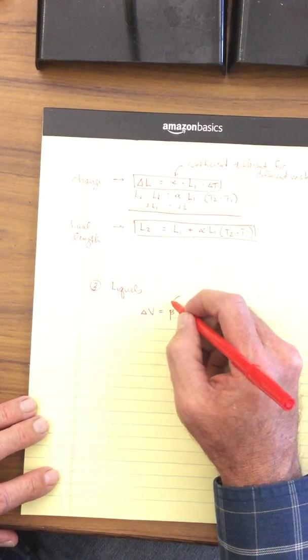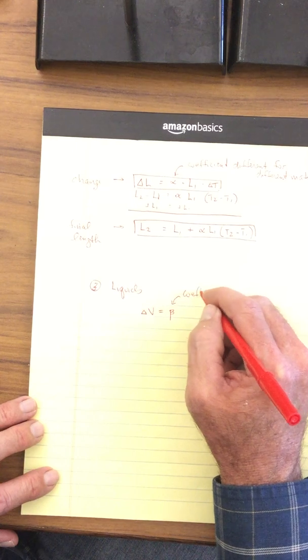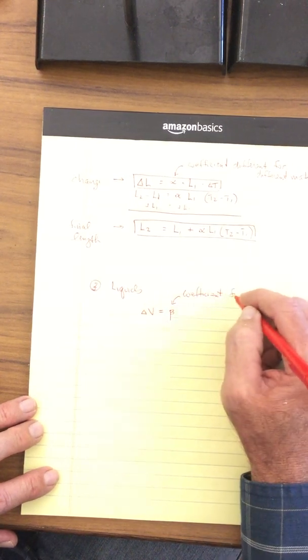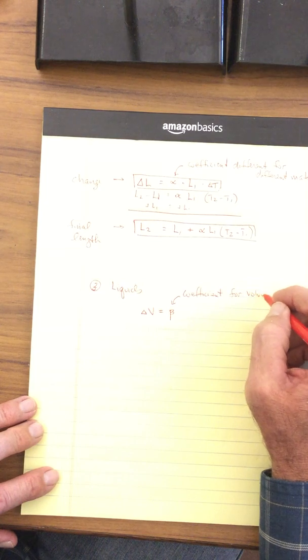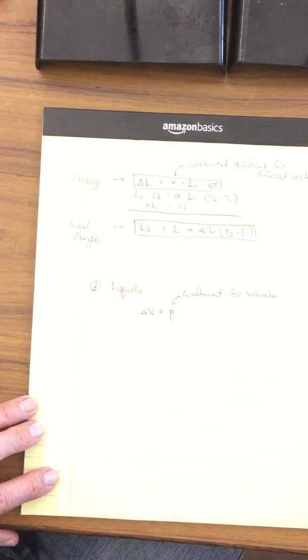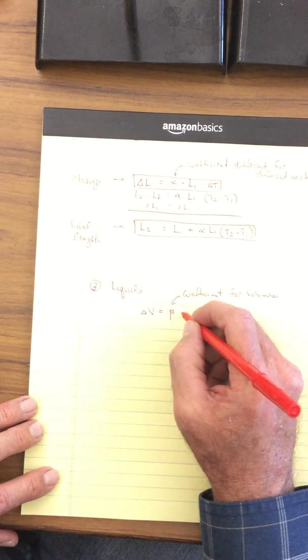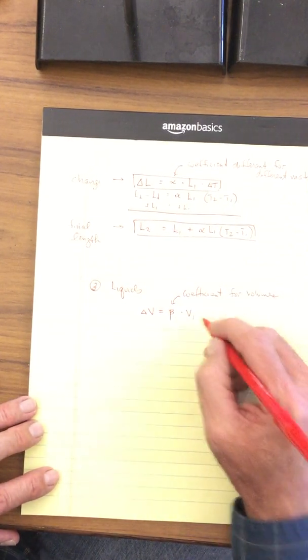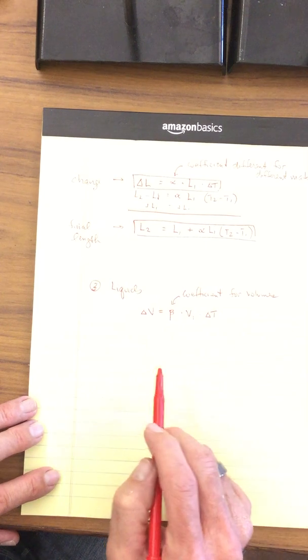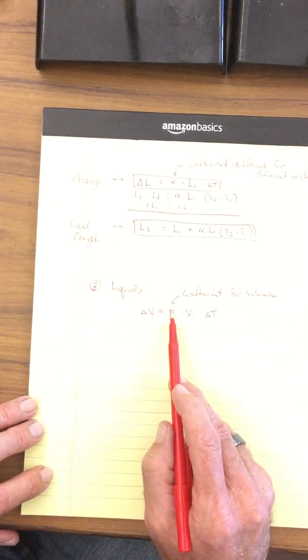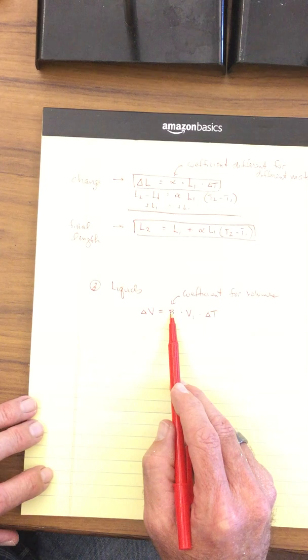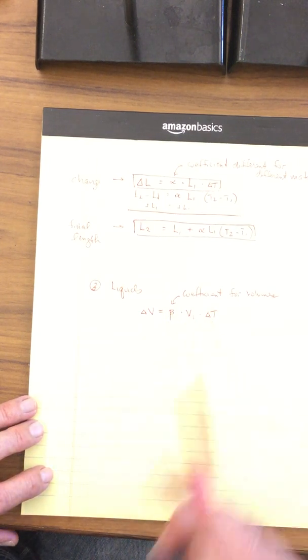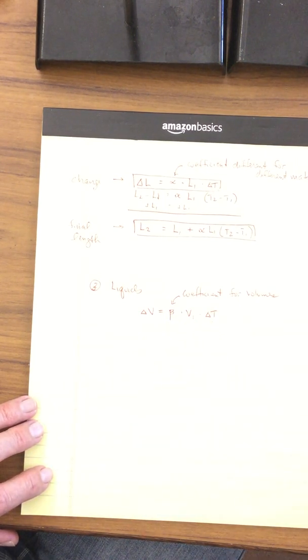This is the coefficient for volumes. Again, it will be different for each material, as different liquids will expand at different rates. So instead of length, we're going to have the initial volume times the change in temperature. So the change in volume will be a factor of the properties of the material, the initial volume, and the change in temperature. We can do very similarly over here to calculate for the final volume.